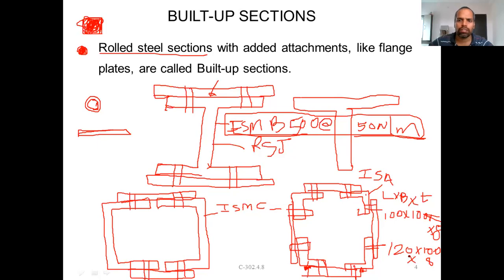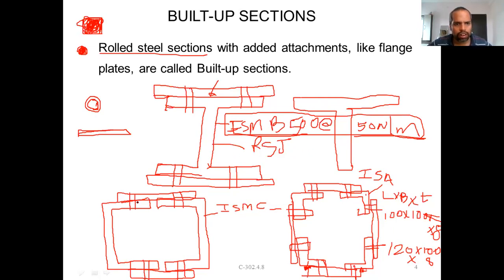They are designated like ISA, Indian Standard Angle. Indian Standard T section, IST. Similarly Indian Standard plates, Indian Standard flats, Indian Standard hollow circular sections. For everything there is some standard designation, meaning names are to be given.